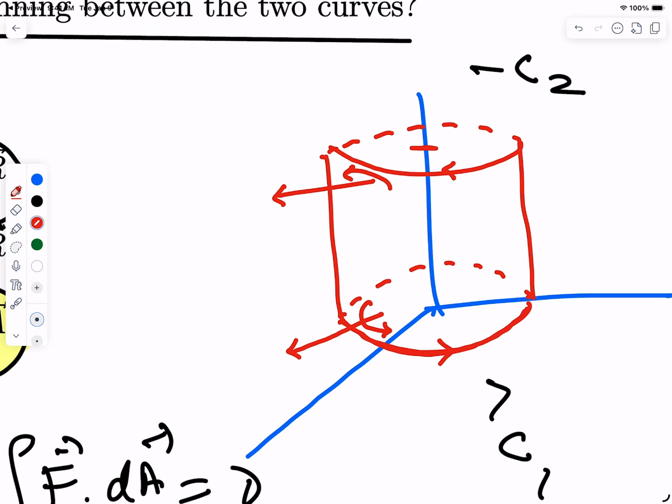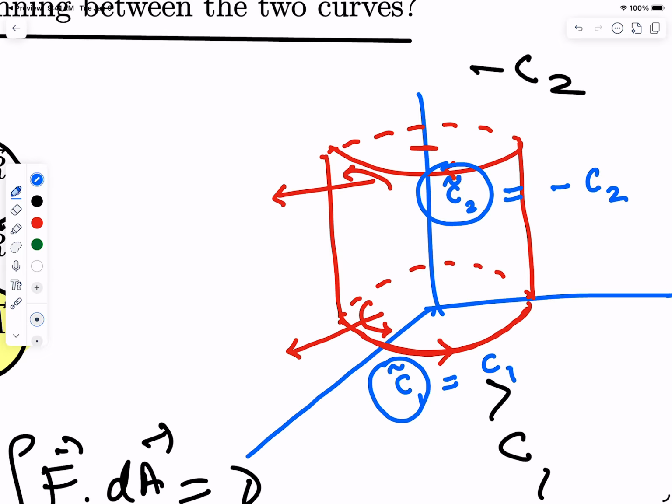So that orientation is clockwise. So I am going to name these curves C tilde 1 and C tilde 2. Here the orientation is counterclockwise, here the orientation is clockwise, so this is equal to negative C2, but this one is exactly equal to C1.